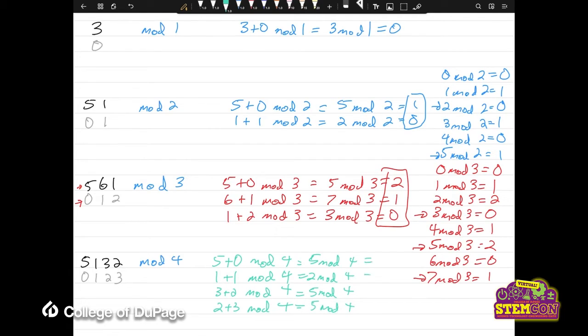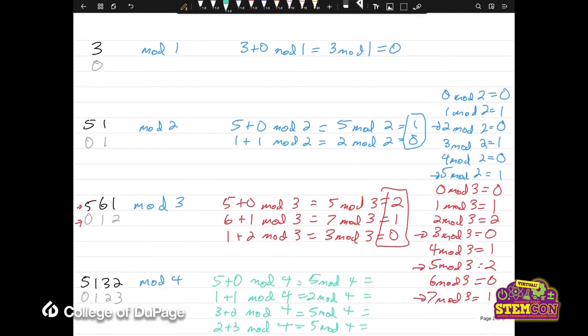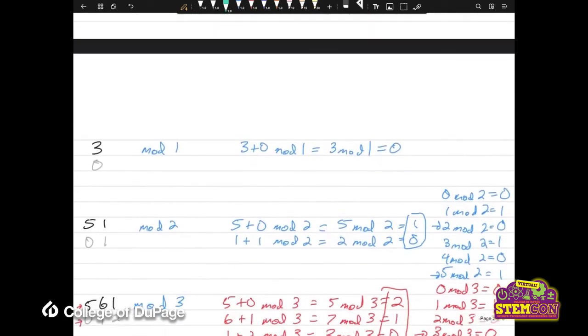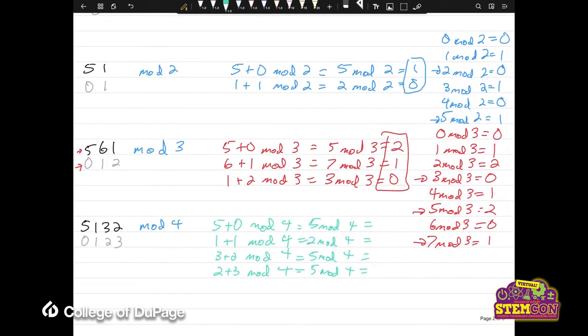And if we look back up at the top, we already did the mod 4s. We listed those out when I was talking about modular numbers. So 5 mod 4 is 1, 2 mod 4 is 2, 5 mod 4 is 1, and 5 mod 4 is 1. These are all the same, so this cannot be juggled. This is a sequence that cannot be juggled.